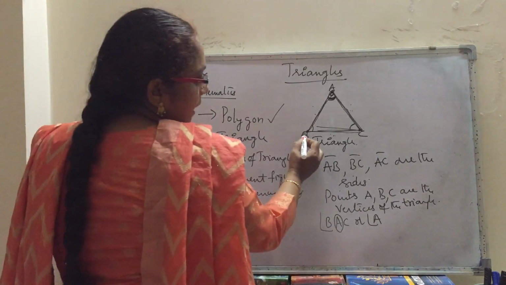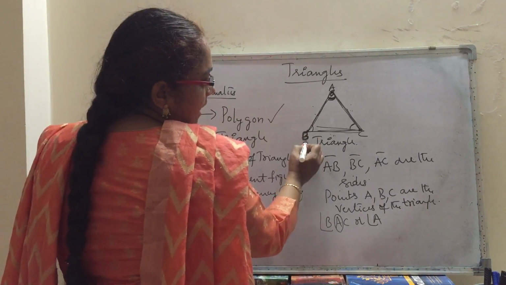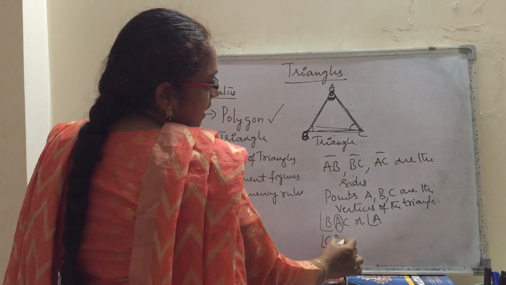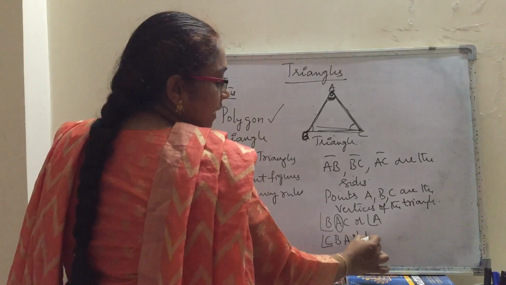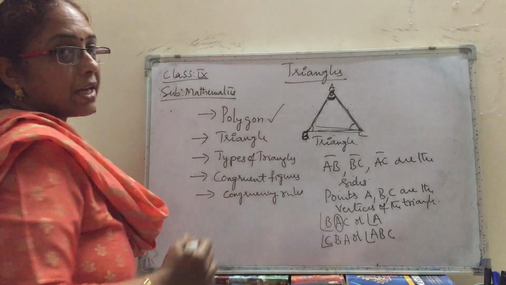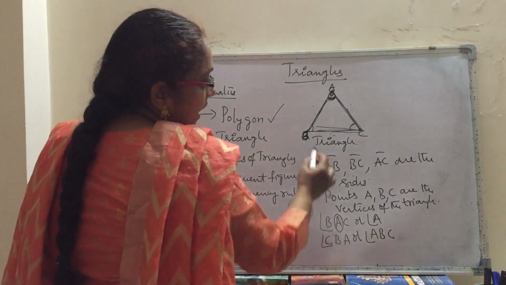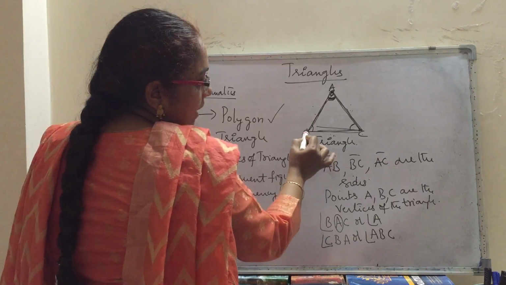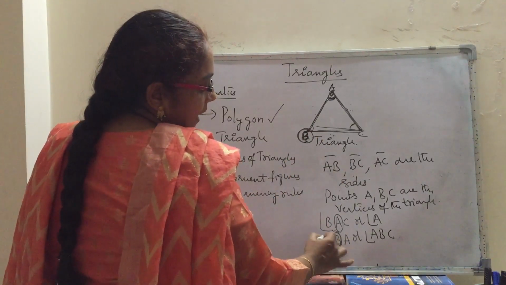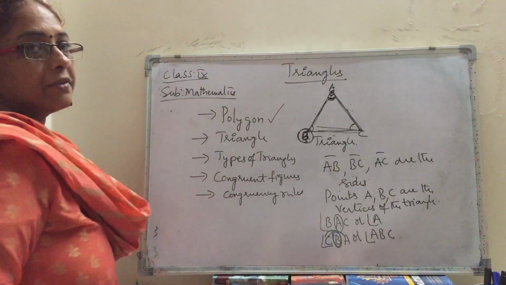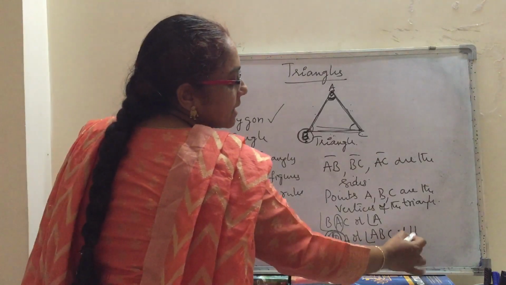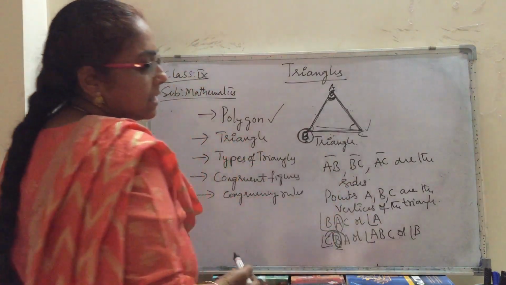Okay, and here at point B, this angle can be written as angle CBA and also as ABC, children. By using 3 vertices we denote the name of that angle. When we say the angle at B, the vertex B we have to put in the middle, and the other 2 vertices we keep on either side. Simply we can say it is angle B. And how to denote this angle C, children?